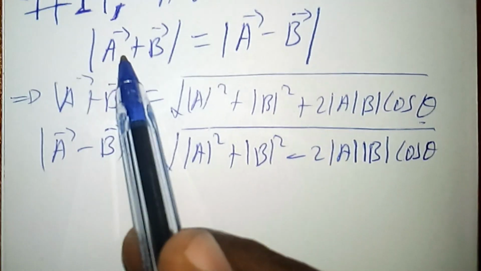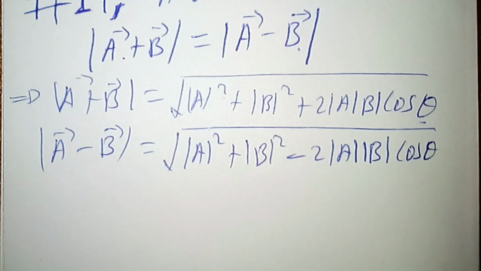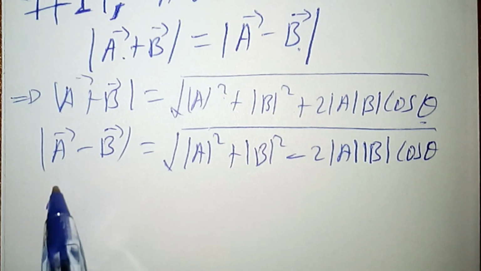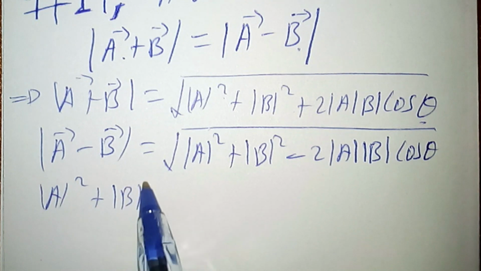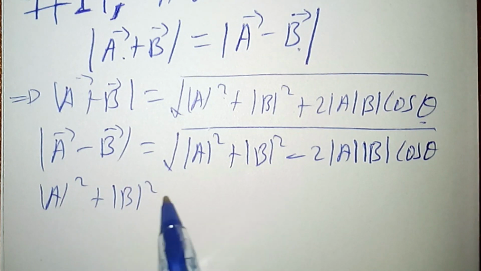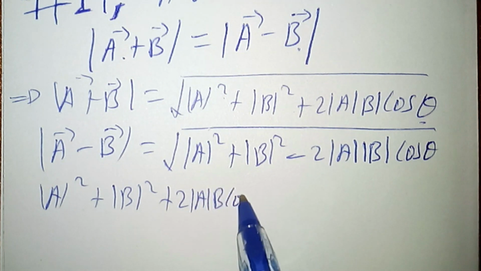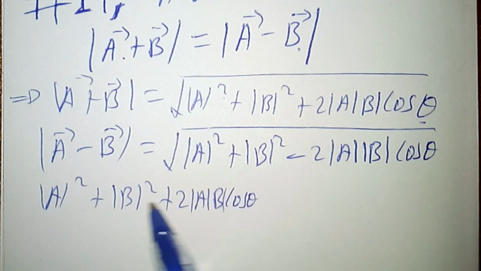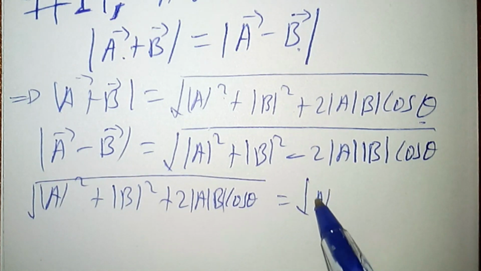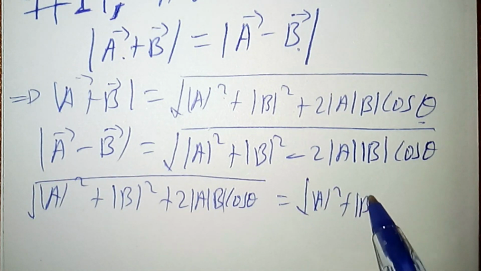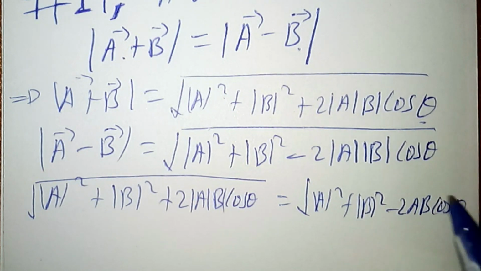Since the sum and the difference of the vectors are equal in magnitude, these two numbers are equal. That means the radical of a squared plus b squared plus twice ab cos theta is equal to the radical of a squared plus b squared minus 2ab cos theta.